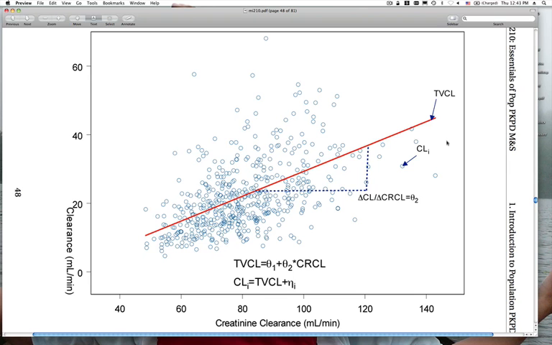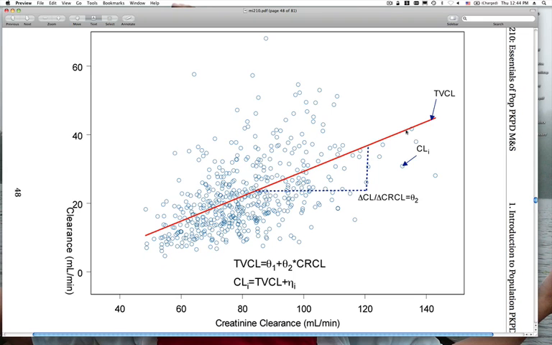So take, for example, this individual here, individual i, has a value, clearance sub i, and that value lands somewhere away from the typical prediction line. In this case, he's got a clearance that's maybe less than the population value for a given creatinine clearance.